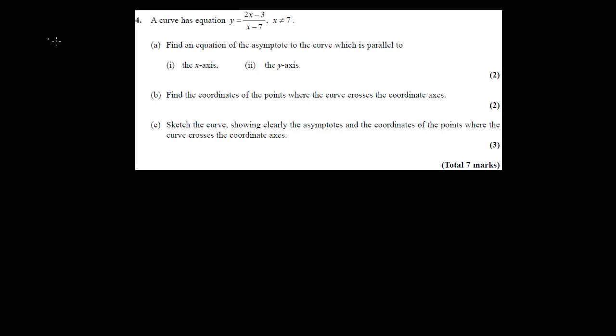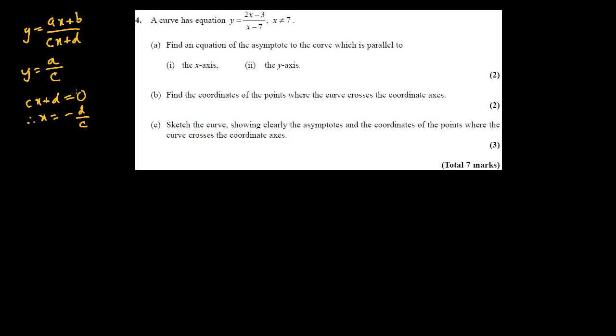So the rule for finding the asymptote is that when you have ax plus b divided by cx plus d, the asymptote of y would be the coefficient of upstairs x divided by the coefficient of downstairs x, and the asymptote of x would be the downstairs equals 0, so it becomes x equals minus d by c.